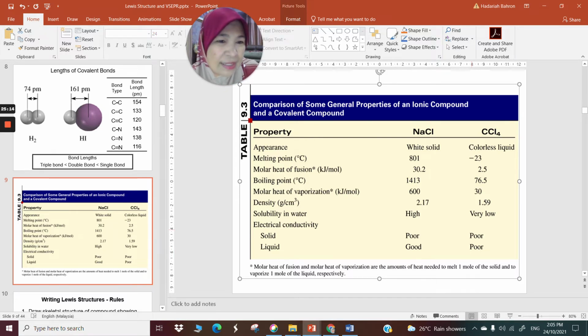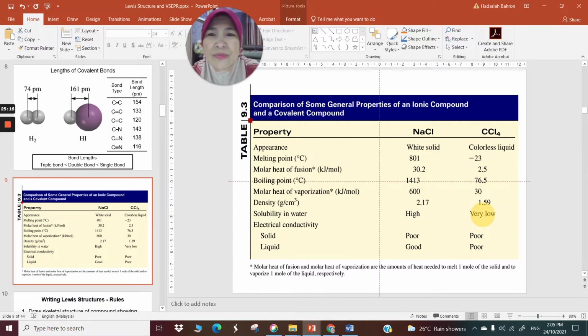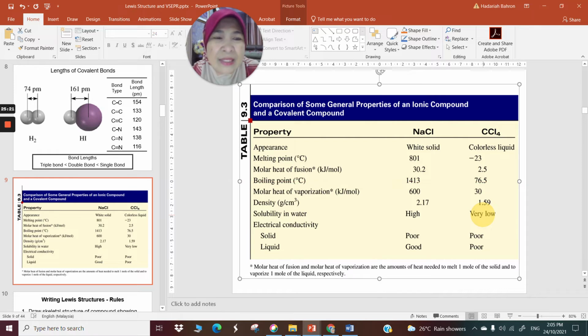However, CCl4 is a very, very non-polar compound. Even though the C-Cl bonds are polar bonds, the dipole moments in the molecule cancel each other.